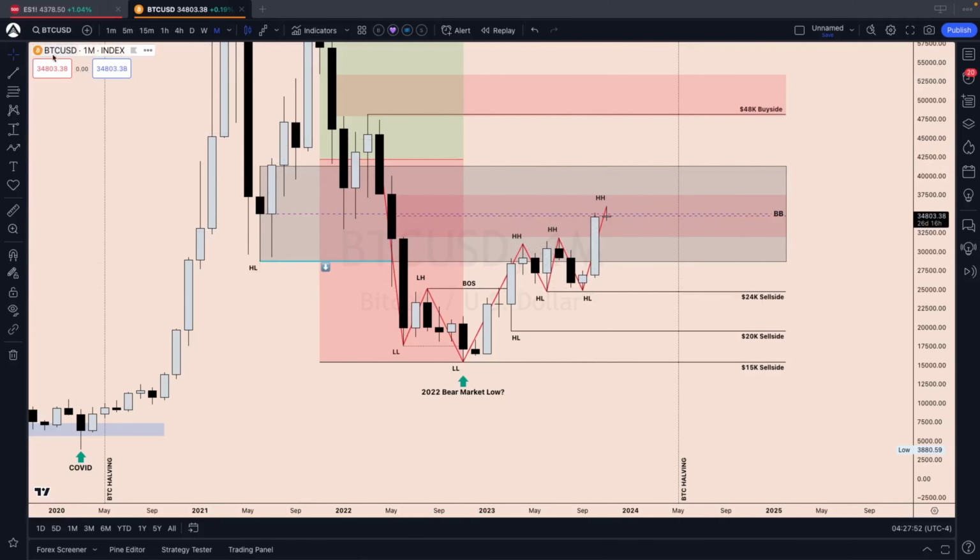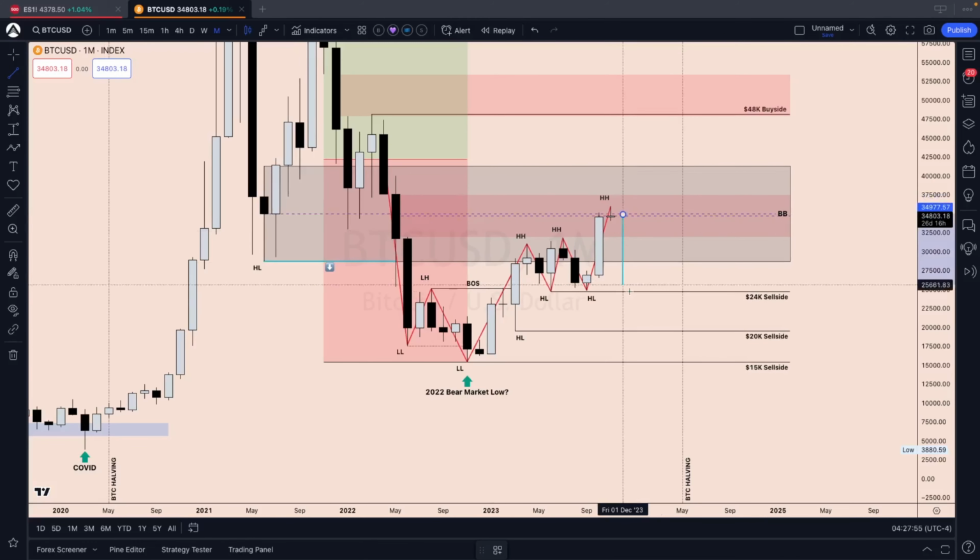We could really see a rejection into these relative equal lows to take out some sell side, because that's always what's happening. They fool the masses to go long at 35K, and then price drops all the way down to 23K to take out the sell side liquidity.